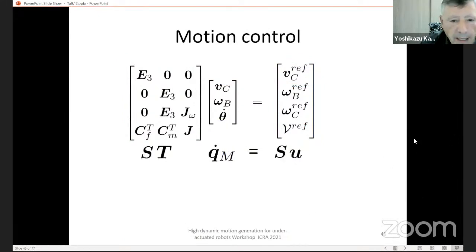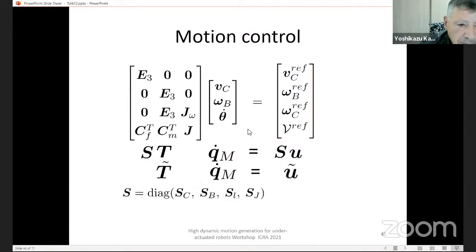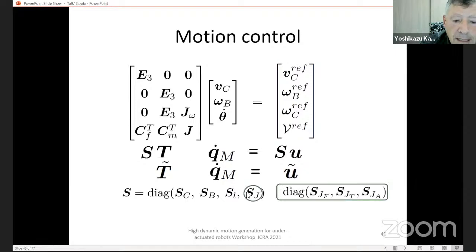So in order to make a nice design, we have to remove, for example, the motion in the hands. We have to make it through motion, so use these selective matrices. You can select either the COM motion or the base motion or the angular momentum motion or the joint motions of the feet, the torso, or the arms.